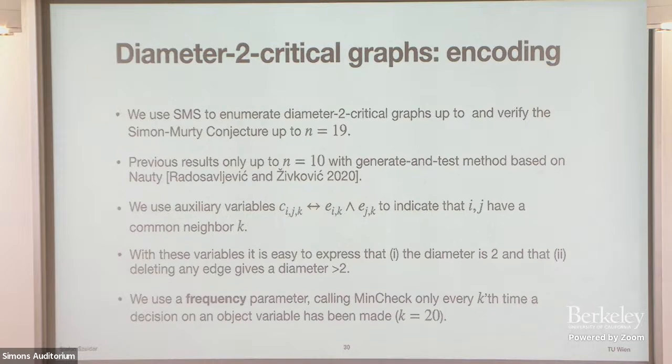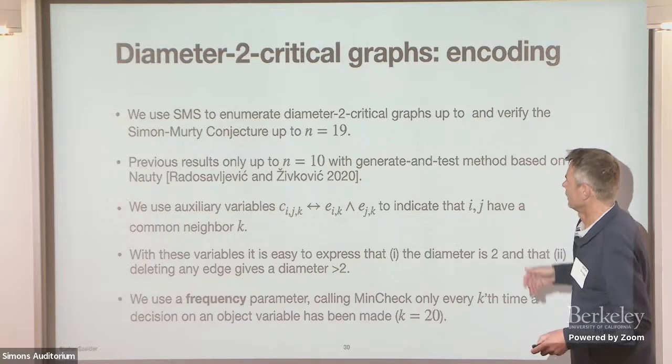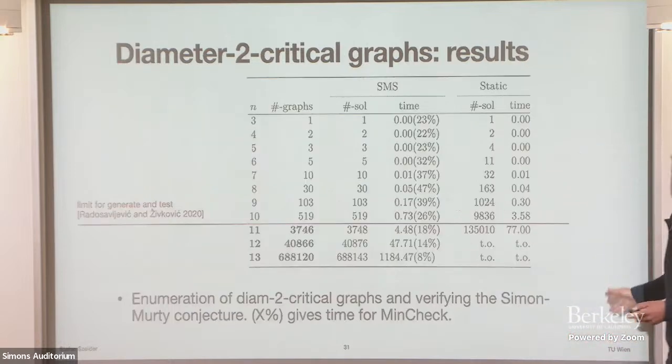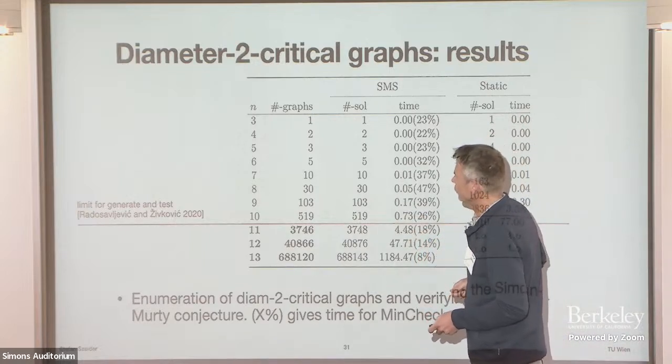So maybe I show you just a table, but maybe it's not getting too boring. This is when we enumerate all diameter 2 critical graphs.